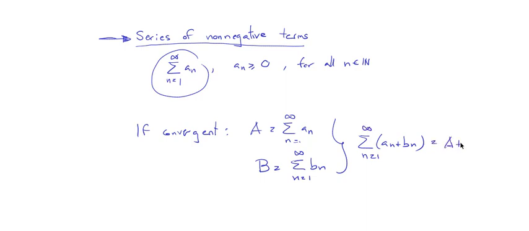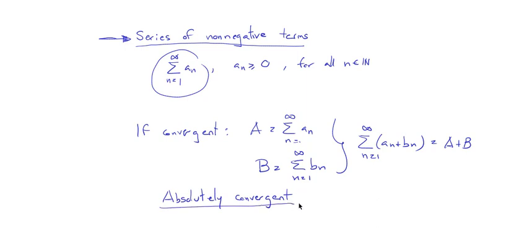So this will be A plus B; you can sum them, you can multiply them. That's a very interesting property of these series, and this is because these series are absolutely, or unconditionally, convergent.